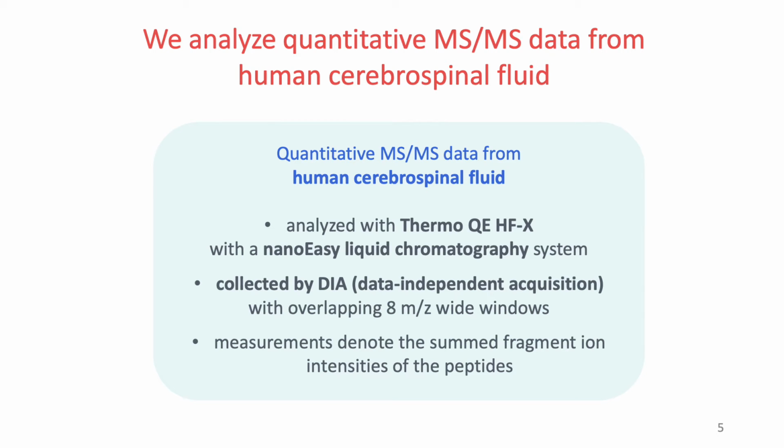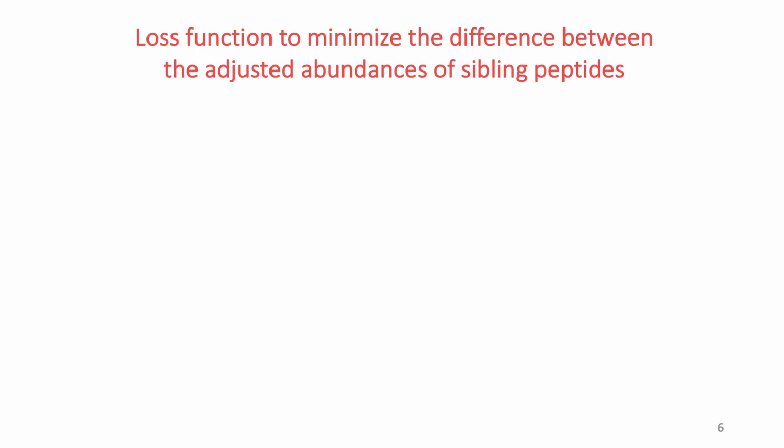For our experiments, we analyzed quantitative MSMS data from human cerebrospinal fluids collected by data-independent acquisition. We also eliminated all shared peptides, the peptides that appear in more than one protein, before training our model.